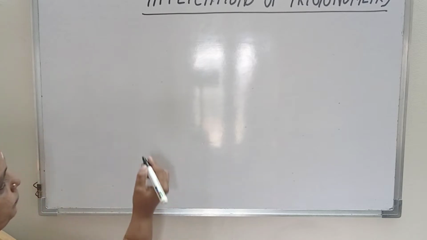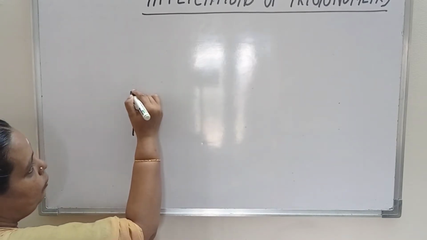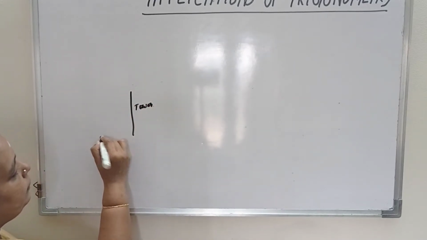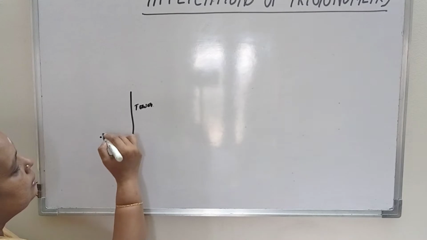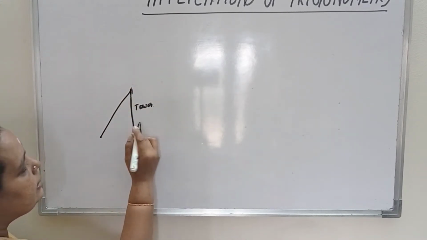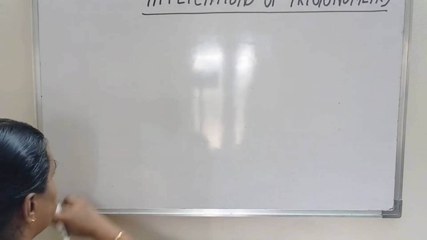Suppose we are viewing a tower from a point on the ground. This is the tower and we are viewing the top of the tower from the point on the ground. In this case, trigonometry will be very useful.